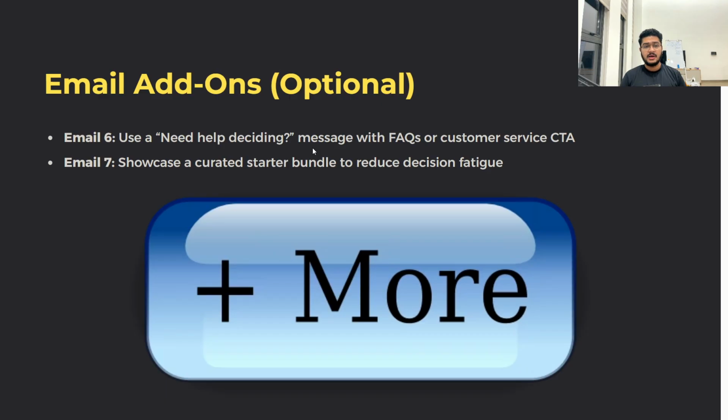Email 6, email 7: showcase a curated starter bundle to reduce decision fatigue. You can tell them, hey, if you're this kind of personality, maybe this product would work for you. If you're shopping for this kind of thing, then this product would work for you. You can have a flowchart kind of email. That works really well, so you can help people choose at that point.